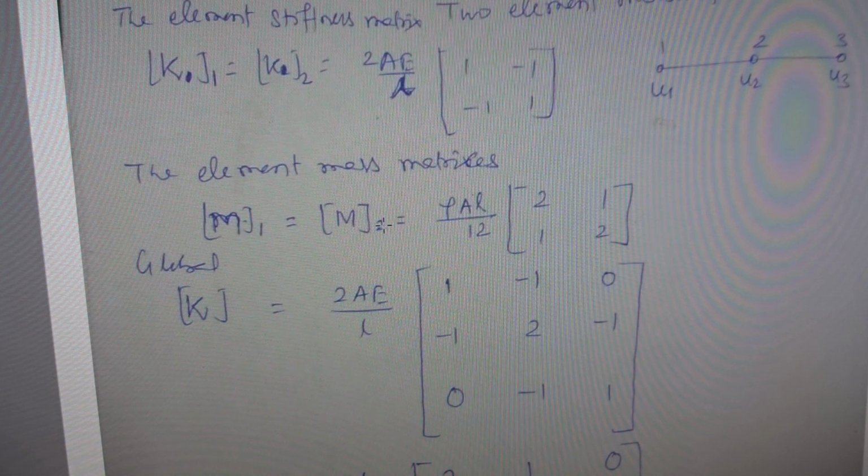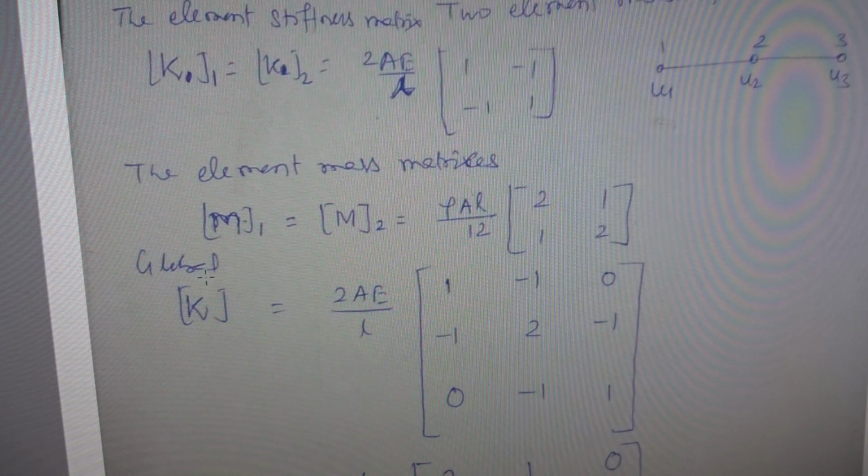So m1 is equal to m2 is equal to rho A, that is the cross-sectional area, times the small a, that is the element length, divided by 6. Here the element length is L by 2, so it becomes rho A L by 12, with 2 1 1 2. This one is the mass matrix.